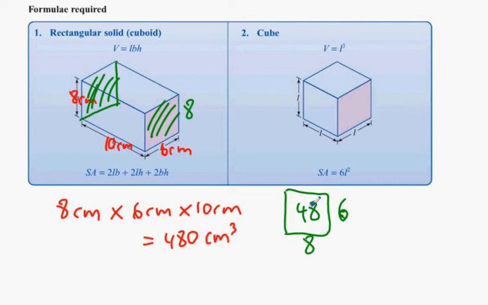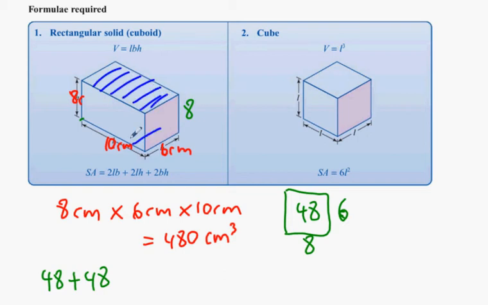So you'll have 48 plus another 48, and then once you're done with the green sides, what you'll have to look at next is the top and bottom. The top and bottom, as you can see, are this blue side here, and then there'll be one on the bottom that's exactly the same size. What's the size of the blue one? Not 8 by 10. That's the side one. I'm talking about the bottom and top.